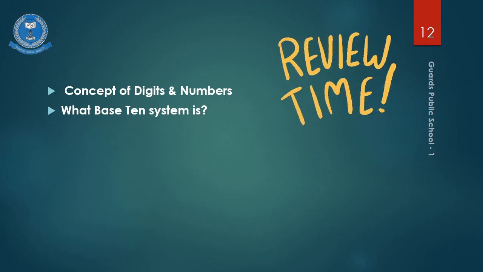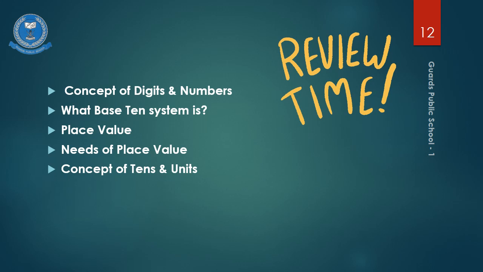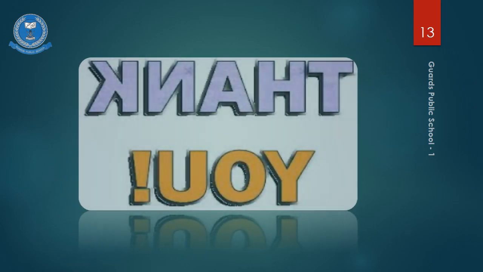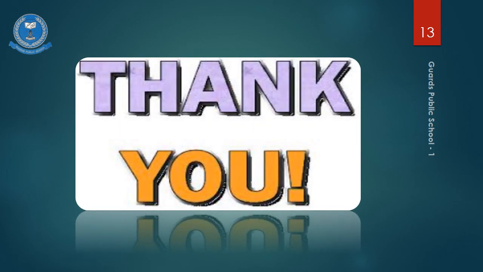We learned about place value, the need for place value, and the most important concept of tens and units. I hope you all learned the basics of all these. Please review again and again and practice as much as possible.